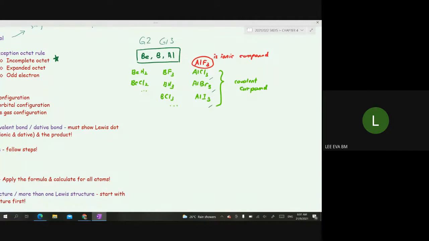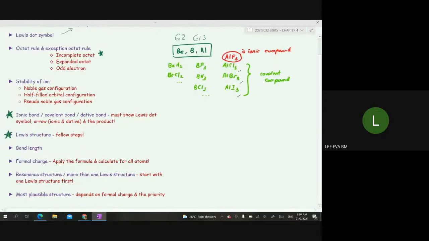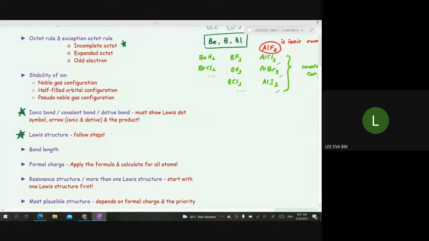For group 13, only aluminium trifluoride is an ionic compound. The rest are covalent. When Madam says covalent, it is because for Lewis structures we are only looking at covalent molecules or covalent compounds.